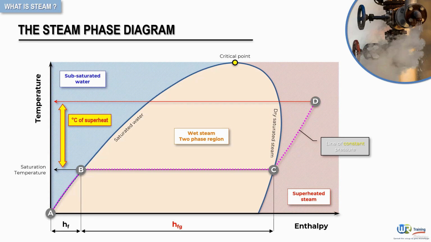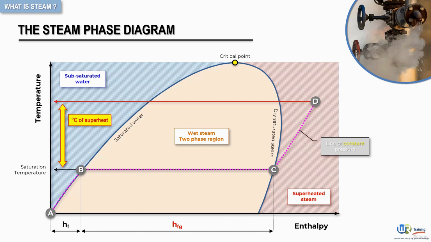As the pressure increases towards the critical point, the enthalpy of evaporation decreases until it becomes 0 at the critical point. This means that water changes directly into saturated steam at the critical point. The critical point is the highest temperature at which water can exist.